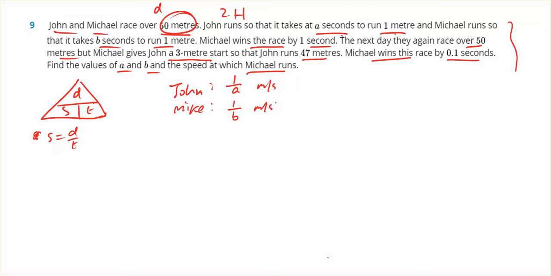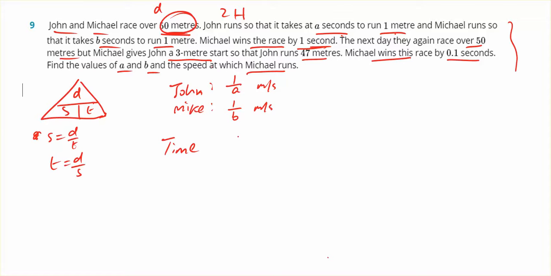Okay, so we know that in a 50 meter race, Michael wins the race by 1 second. So let's do a comparison in time. I'm going to do an equation comparing the times. Time is distance over speed.